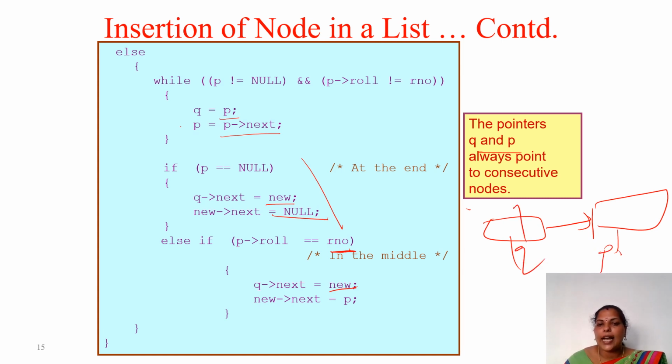So we are assigning the new to Q point to next. And new point to next, we are assigning P. So this way only we are performing insertion in all the three places.